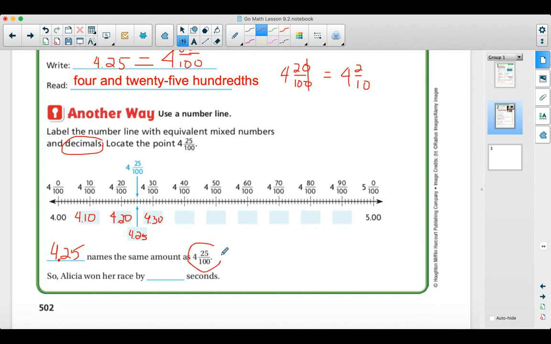This is written as a fraction, and this is written as a decimal. So Alicia won her race by 4.25 seconds. Okay. On your own, you will complete the Think Central assignment.